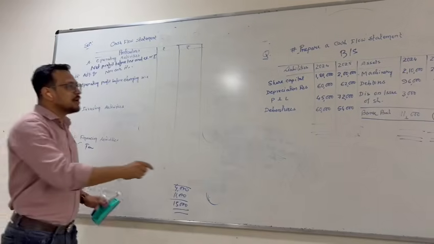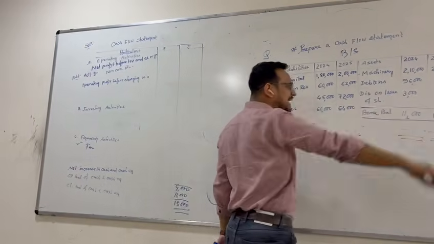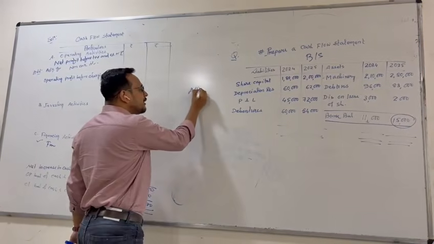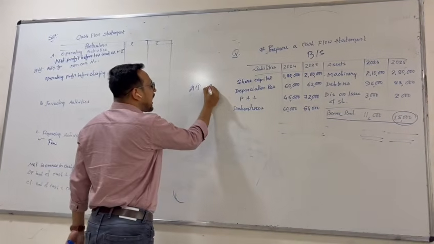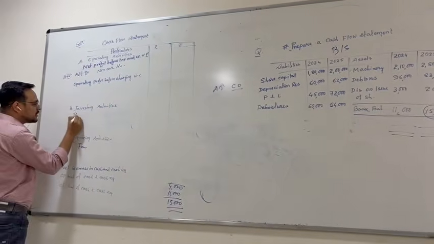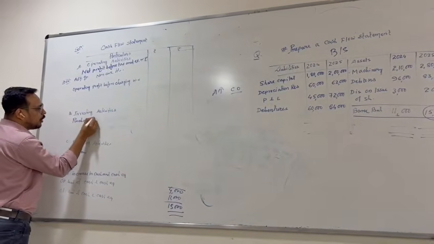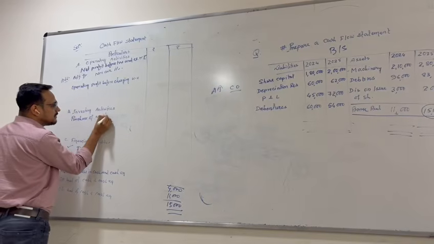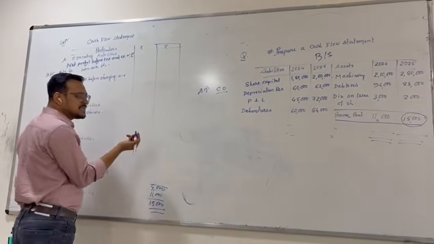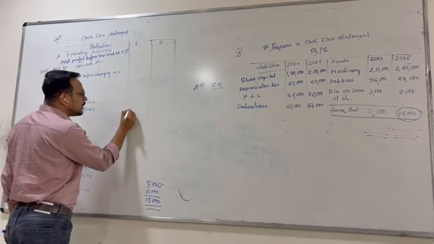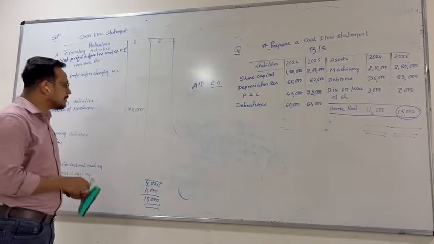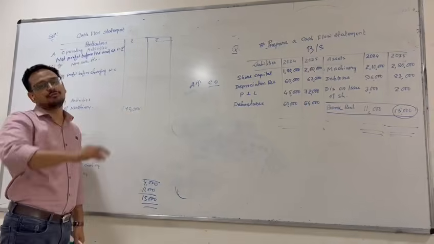So machinery went from 2,10,000 to 2,80,000, an increase of 70,000. And what is the rule? If your assets increase, it is a cash outflow. It means you purchased. So right here, purchase of machinery. We write the outflow within brackets. It means minus 70,000, which is your cash outflow.